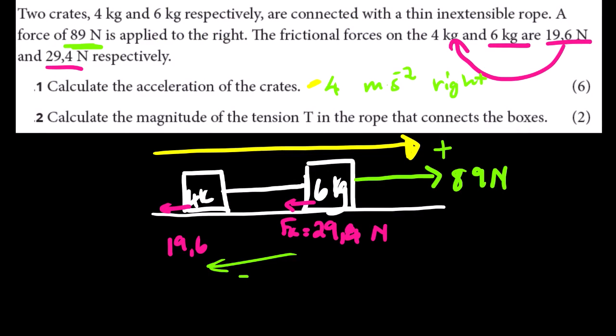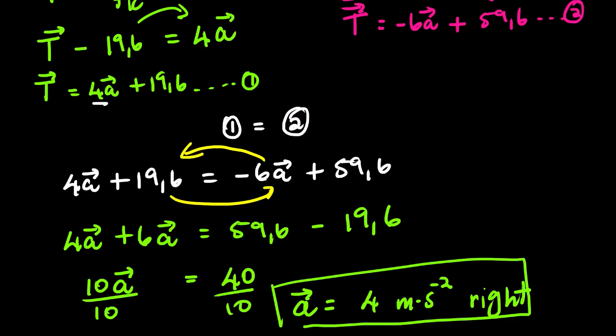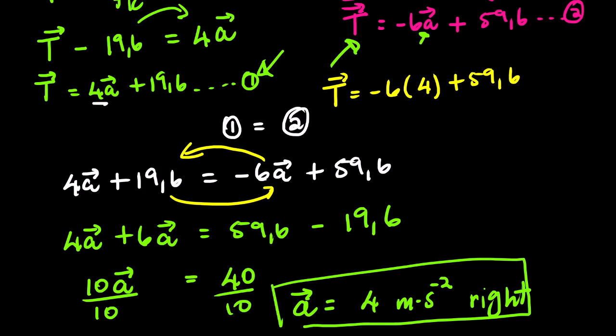Now the next question says calculate the magnitude of the tension T in the rope that connects the boxes. We can use either this equation or this one. Since we have the value of a, we can just substitute it here and find our T. So we have T equals negative 6, where we see a we substitute 4, plus 59.6.